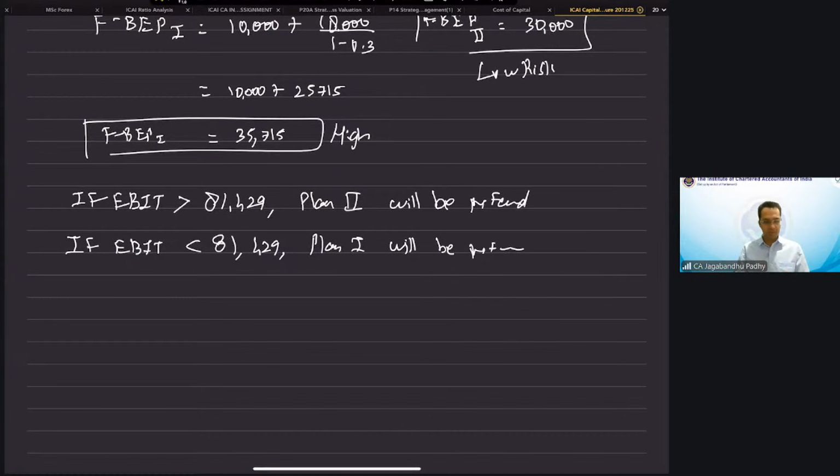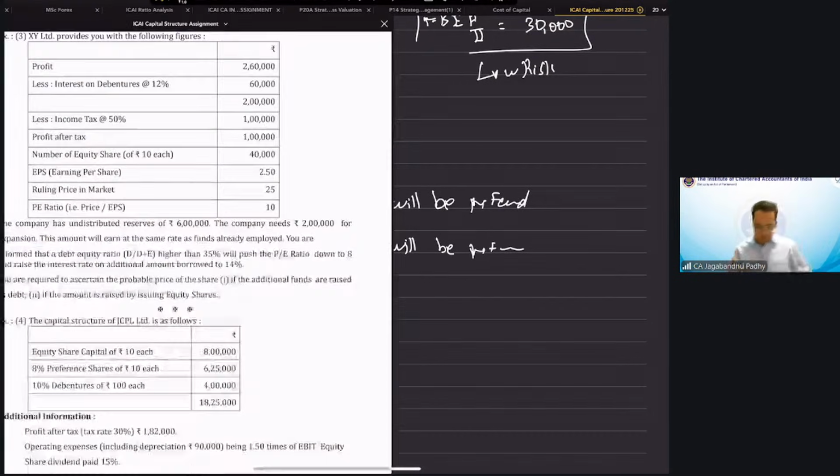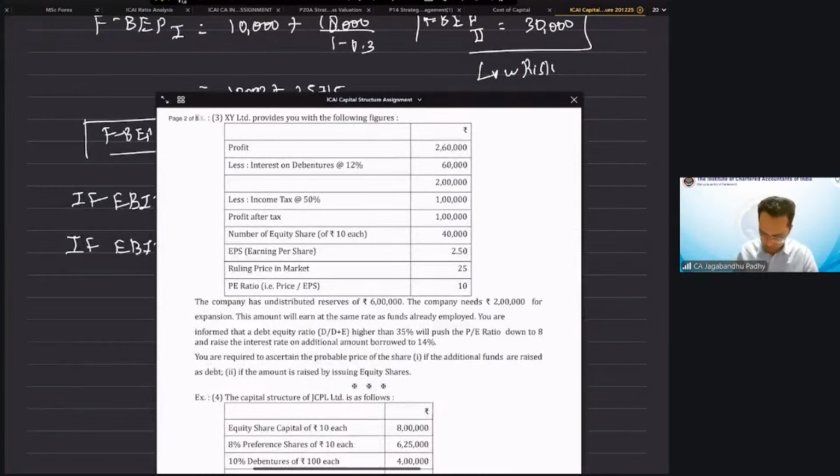So if it is a high risk plan, right? High risk plan, then high EBIT is required to justify that plan. Okay. Fine. So let us do some questions on this.